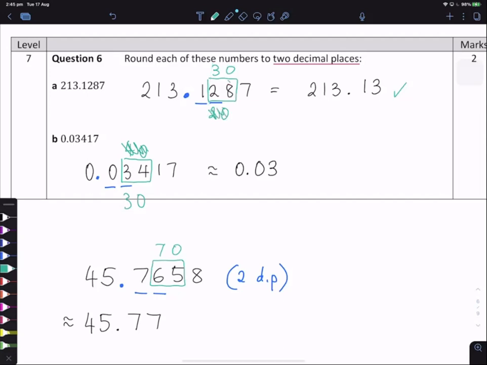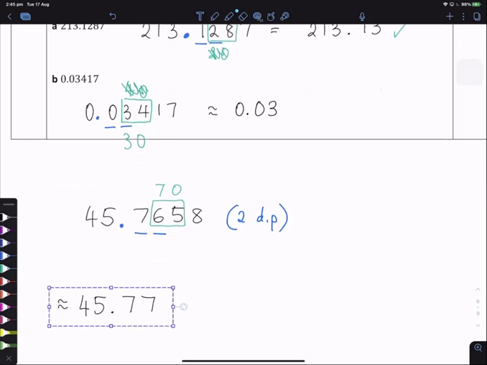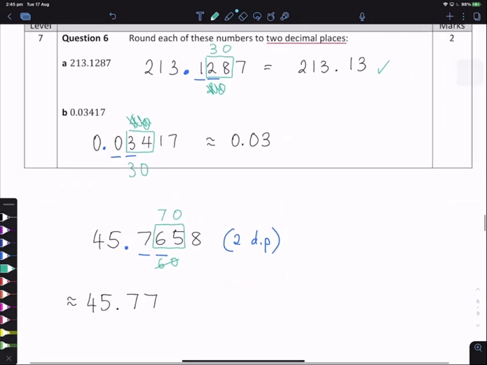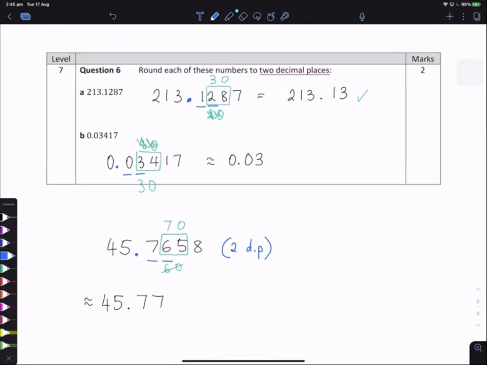So we don't want the 20 because 28 is closer to 30, yeah? And here as well, you can see that the 65 there is technically closer to 70, not 60. So I'm just going to put a line through that 60 there. We want the 70. But when we round it, we only take those two numbers. Those are 2 decimal places.